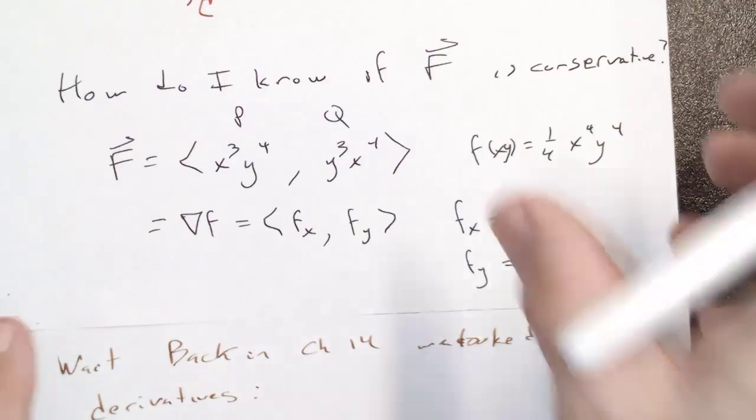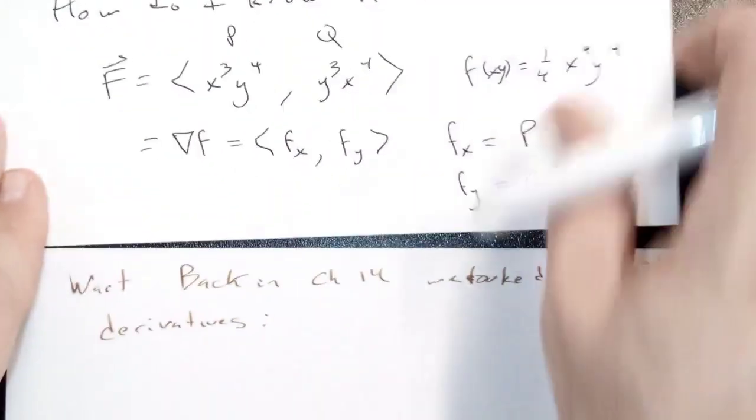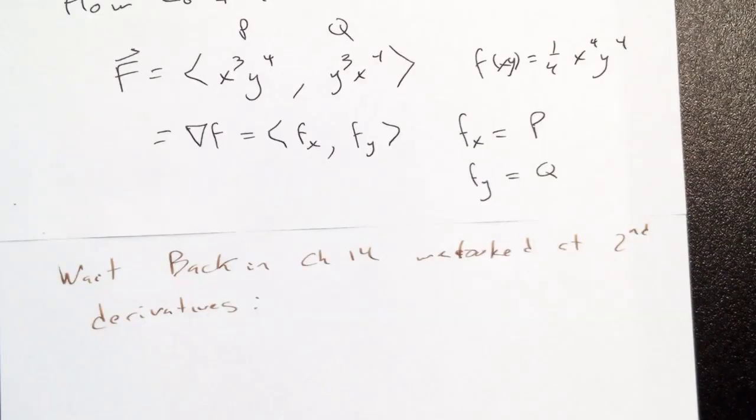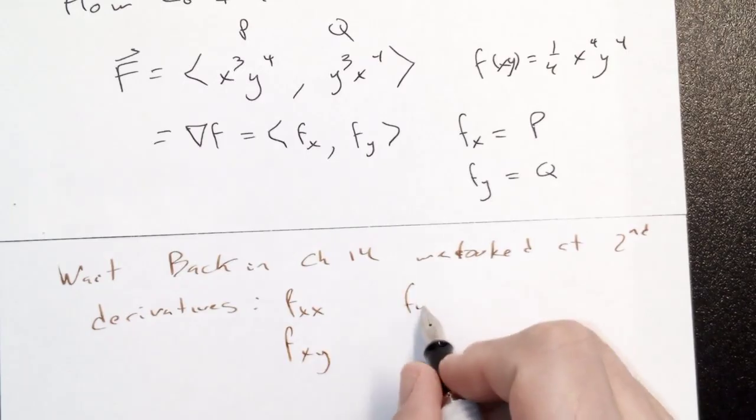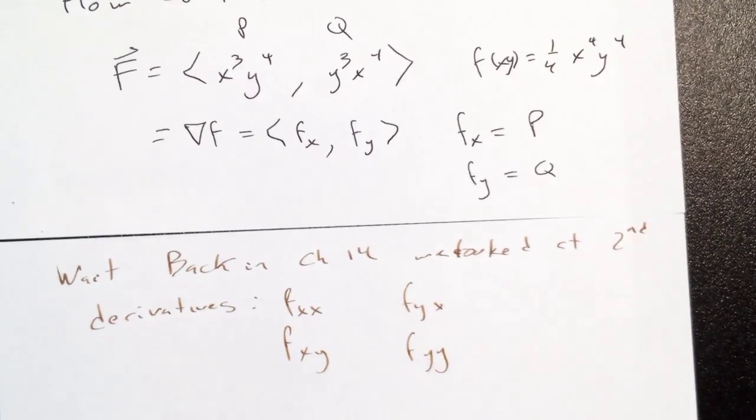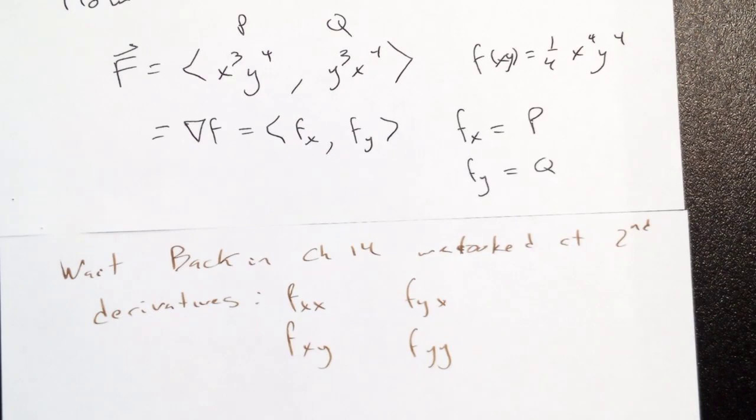When we looked at our second derivatives, how many second derivatives were there? For a function of two variables, how many second derivatives did we come up with? Four of them, right? And they were f_xx, f_xy, f_yx, and f_yy. But there was a really nice theorem that told me something about some of these derivatives.